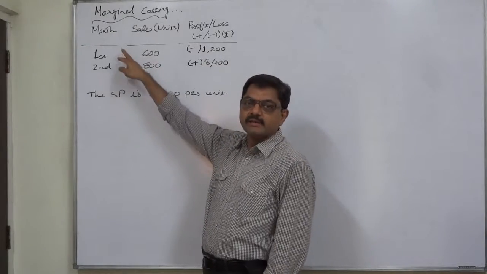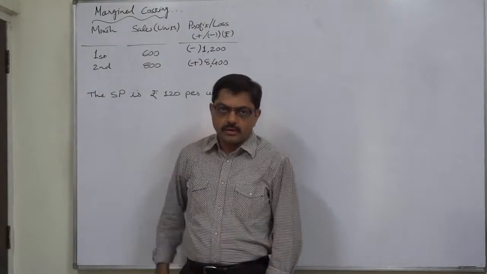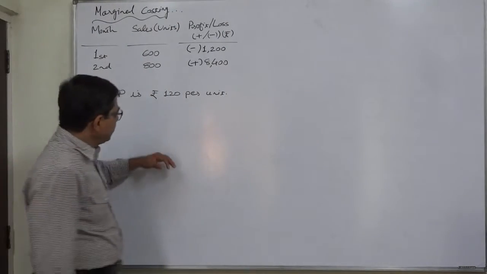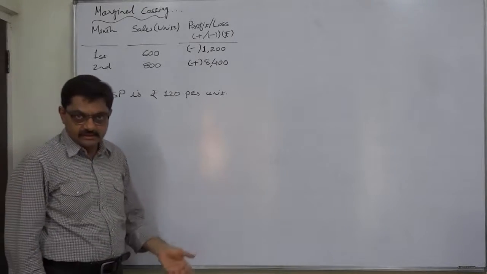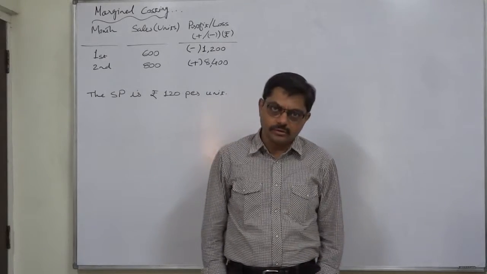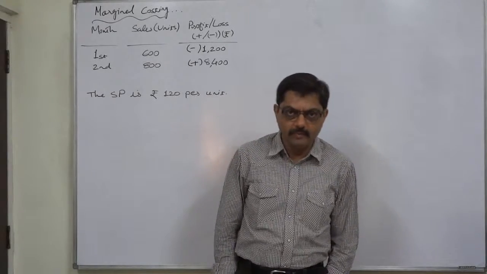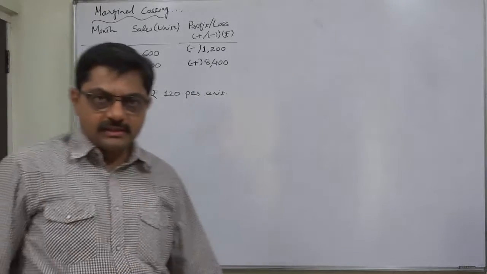That means the period is month. So the results we obtain at the end of our calculations will be monthly results. That means if we calculate fixed cost, it will be monthly fixed cost. If we calculate BEP, it will be monthly, and so on. Let us calculate all these things.